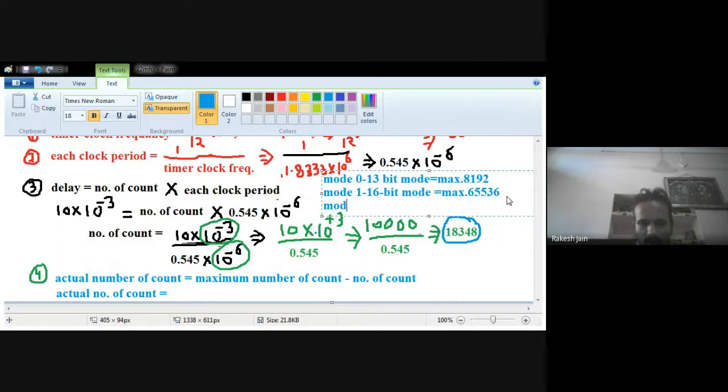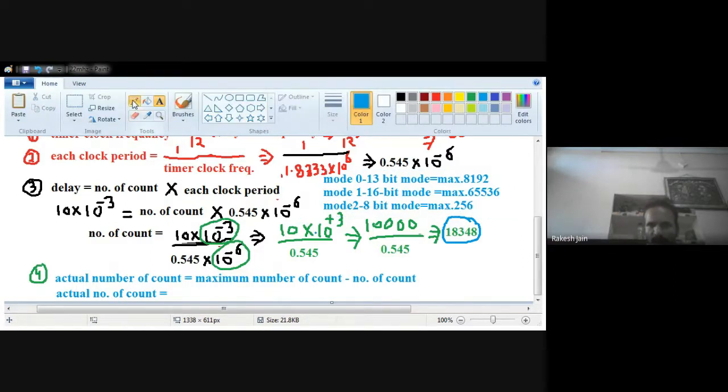And mode 2 is an 8-bit auto reload mode, so the maximum value is 2 raised to the power 8, that is 256 only. Mode 3 is basically not in use, that is a split timer mode. We cannot use that mode. So among these mode 0, mode 1 and mode 2, what mode of timer we should select for our program depends on the answer of step number 3.